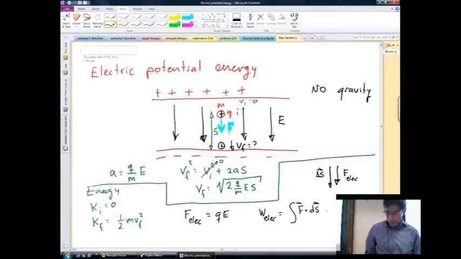So that work is going to be a positive number, and since the force is constant because the electric field inside the capacitor is constant, then you can pull it out of the integral, and the result is simply F times delta S in this case.